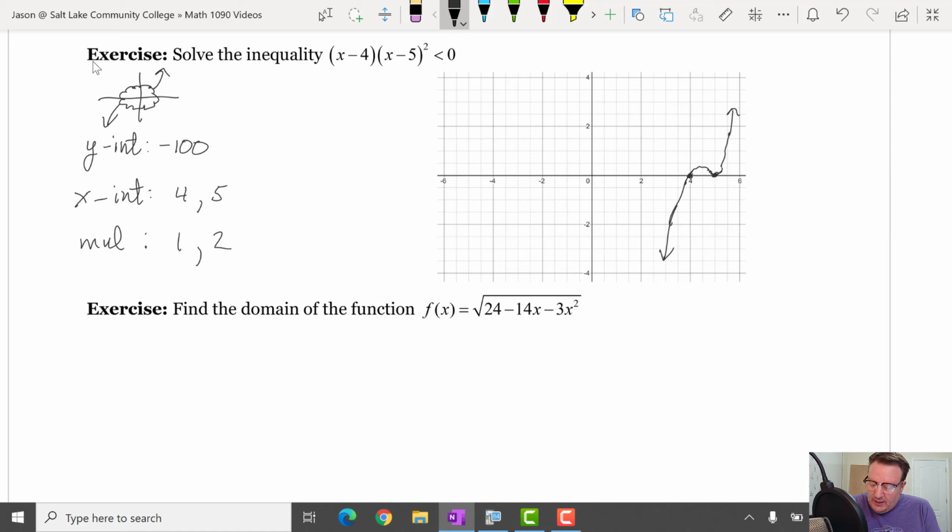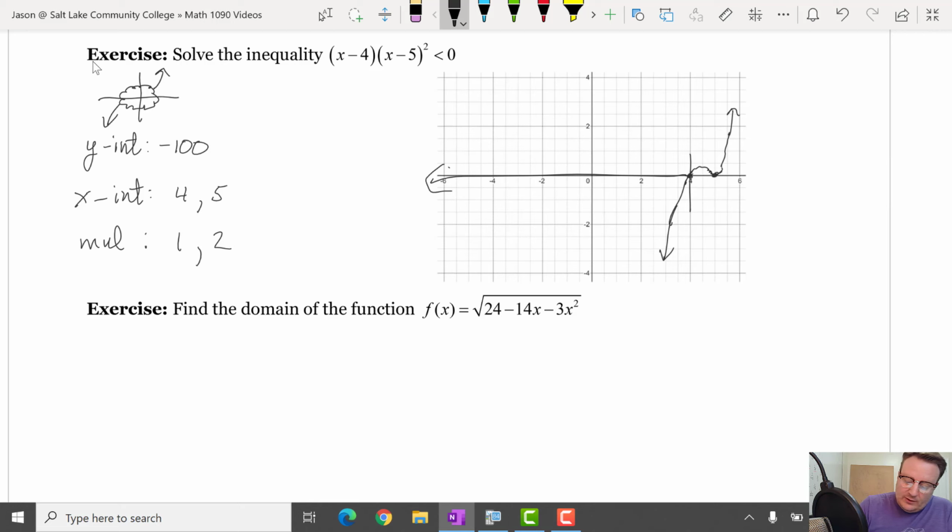Well, it appears to me that it's greater than or equal to 0 at 4 and above. So really, it's all the x values from here over that satisfy the inequality. The x values to the right of that line do not satisfy the inequality.